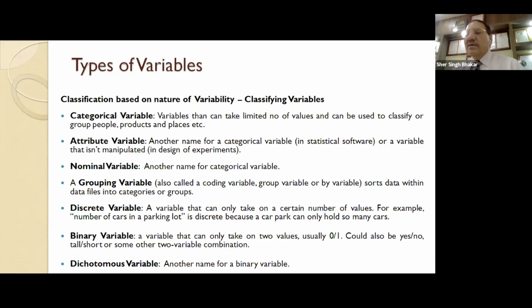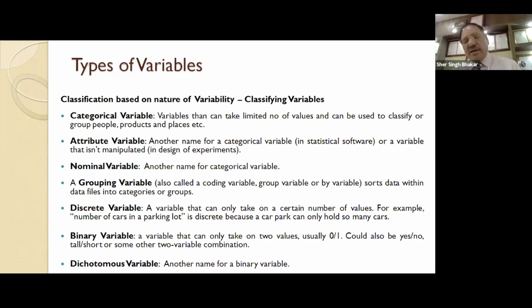A variable that can take up a limited number of values, 1, 2, 3, 4. A two-category variable is also a category variable, like say yes, no. Gender, that means male, female, is a category variable.